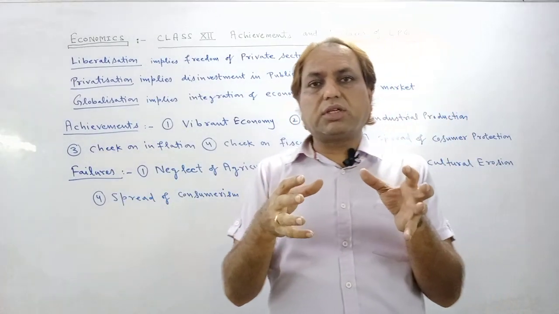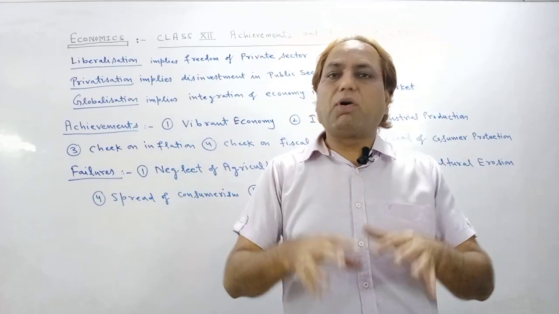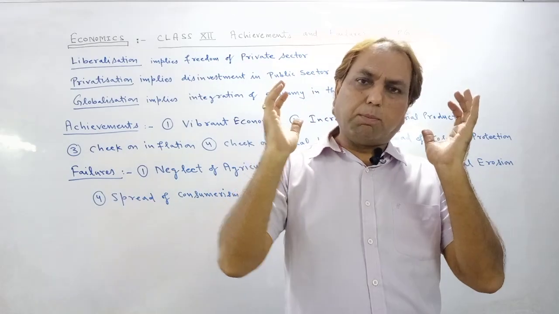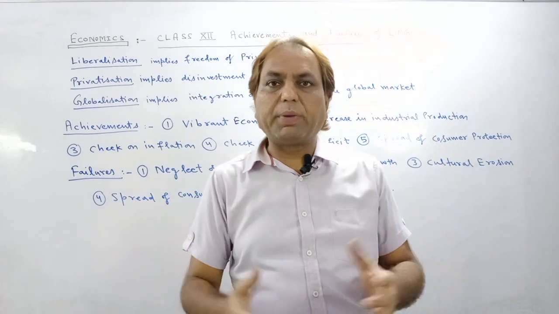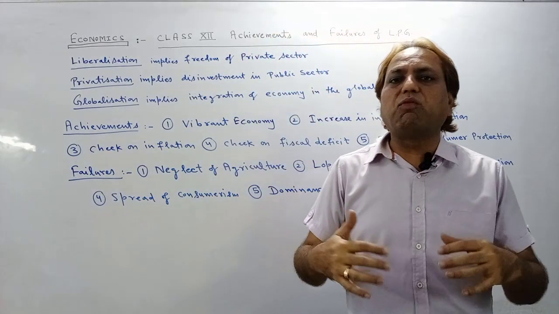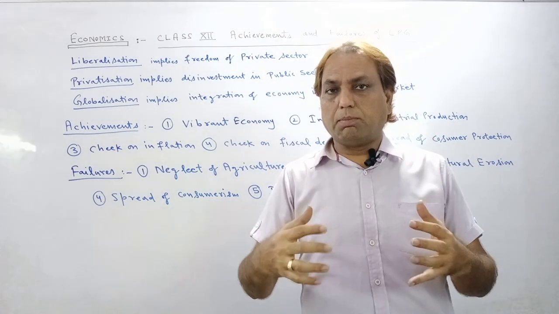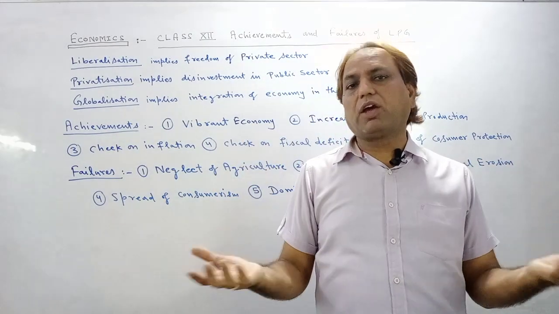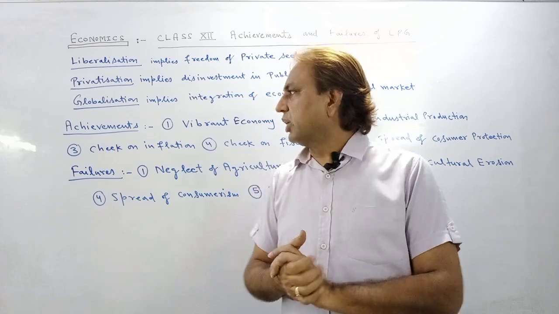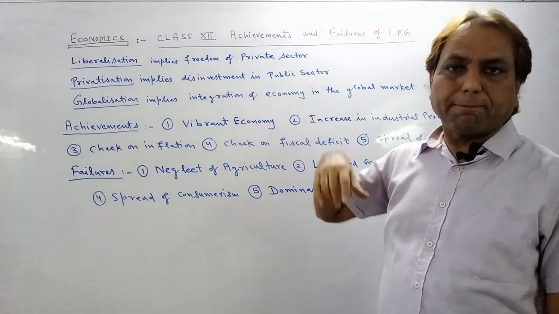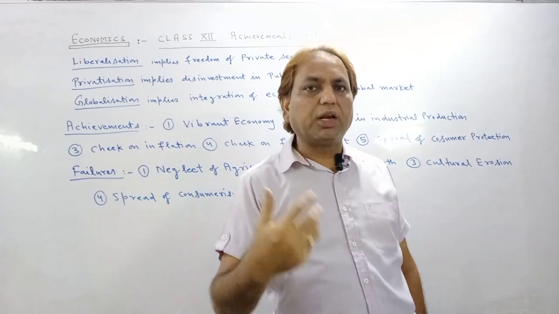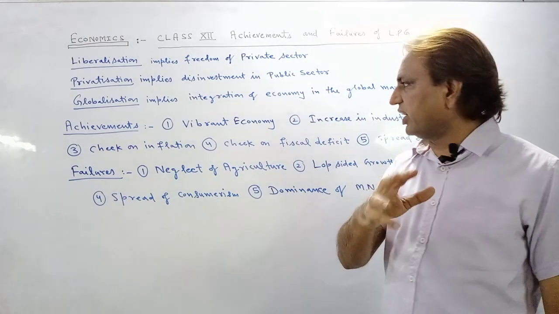It got involved in the economy perfectly. It gave a boost to the economy, and our economy became vibrant, means the most promising developing economy in the world. Okay, so it was a plus point. Our economy became vibrant, it became developing in the real sense.